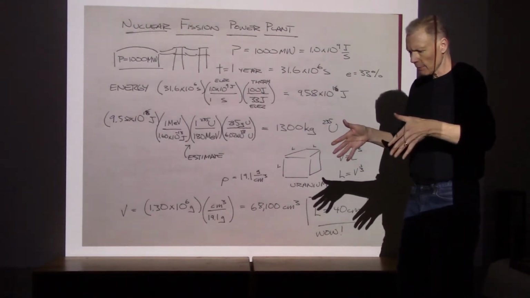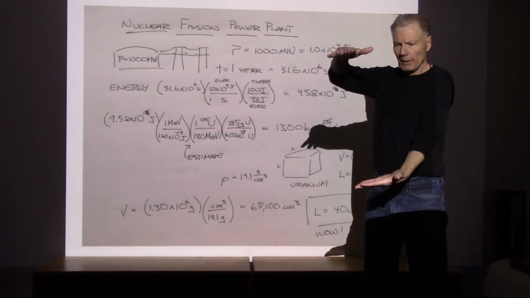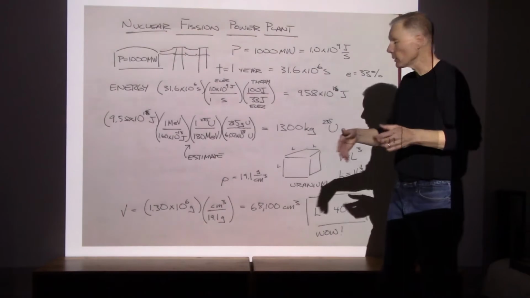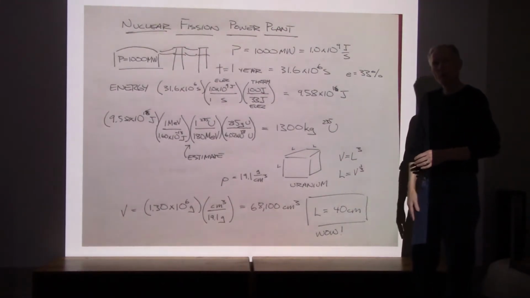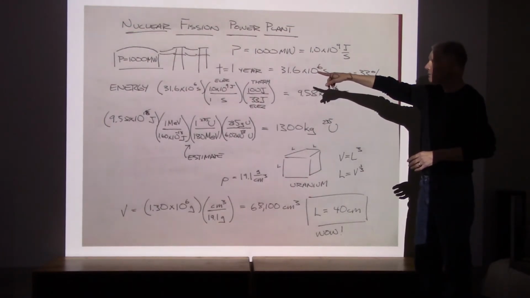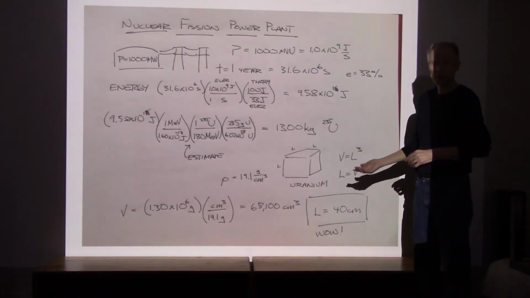So if I have a piece of uranium that's about 40 centimeters like that, if I have a cube this size of uranium-235, that's enough to power this modest-sized power plant for the entire year. So not a lot of uranium-235.